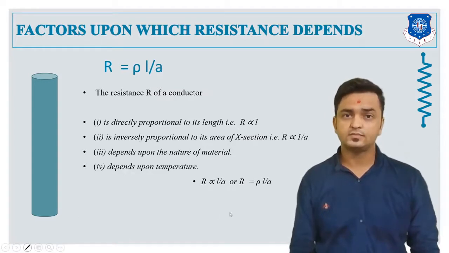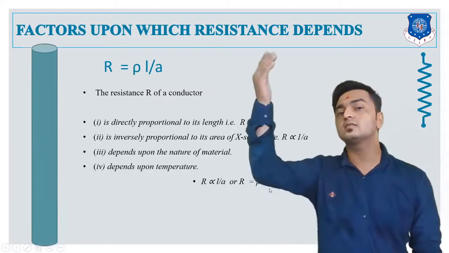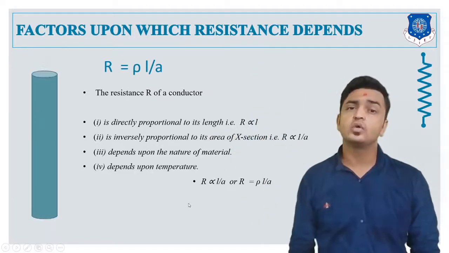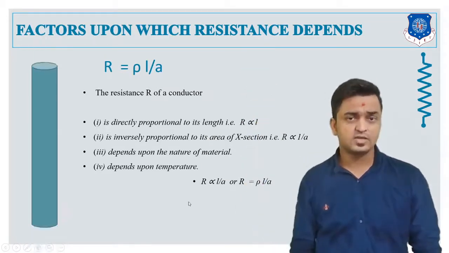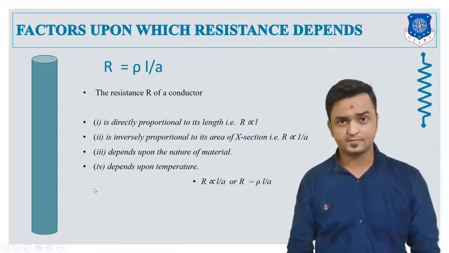So if the length of that conductor increases, then its resistance will increase. Similarly, if the length decreases, resistance will decrease. Similarly, we can consider the second parameter, and that is cross-section area.